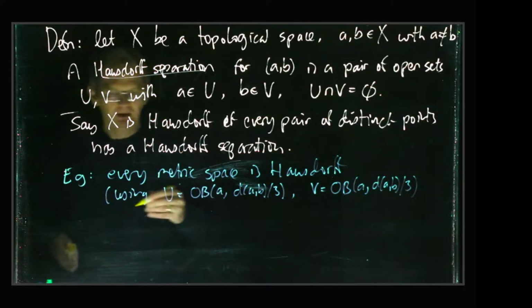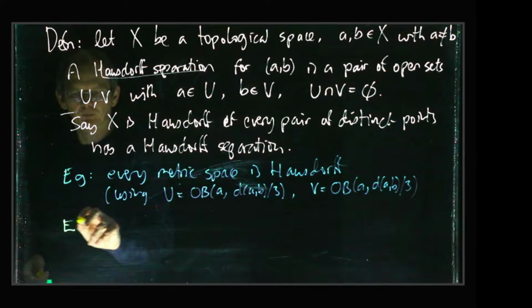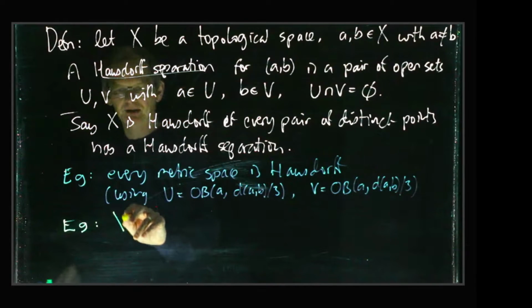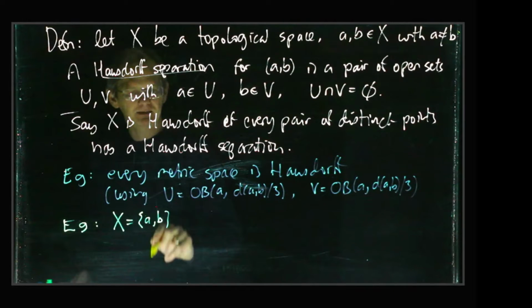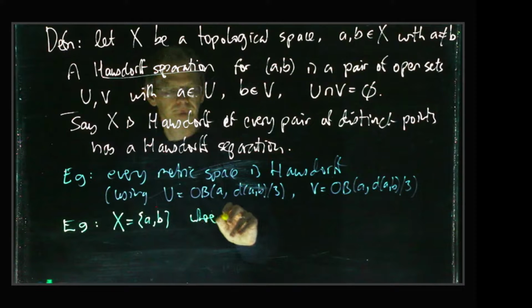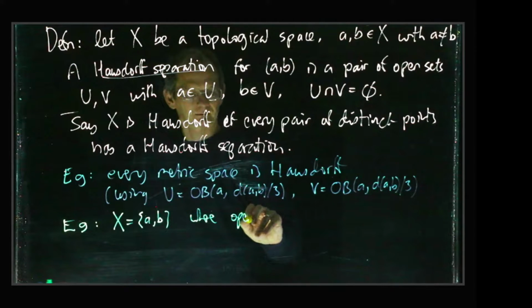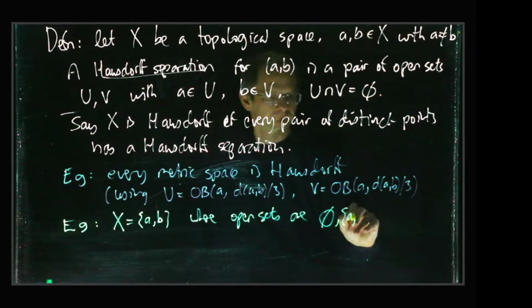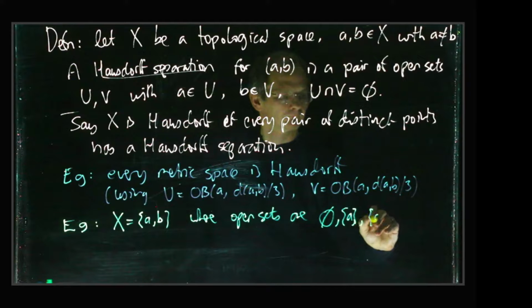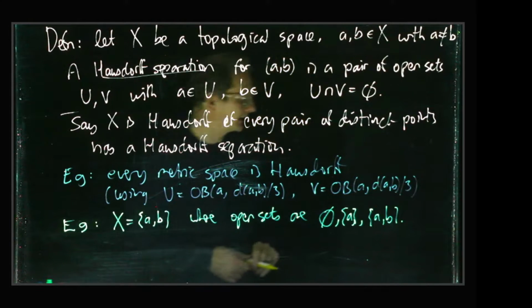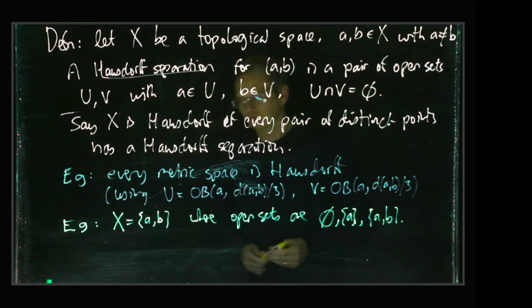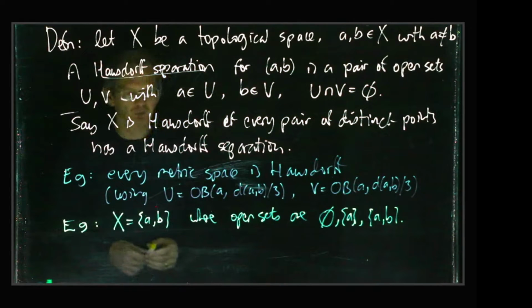But here's a very minimal example of a non-Hausdorff space. X could just be a set of 2 points, A and B. We had an example on the problem sheet where we discussed topologies on finite sets with only 2 or 3 elements.